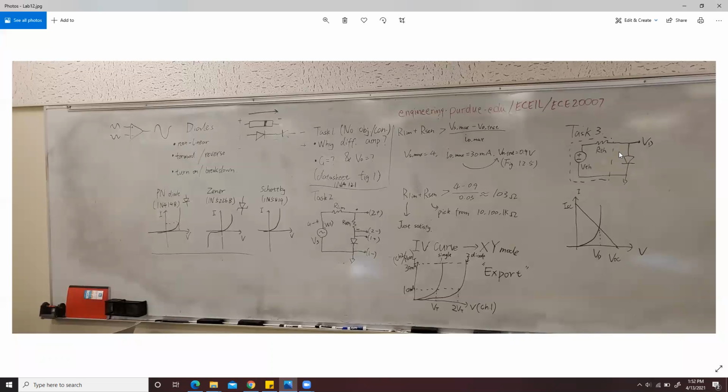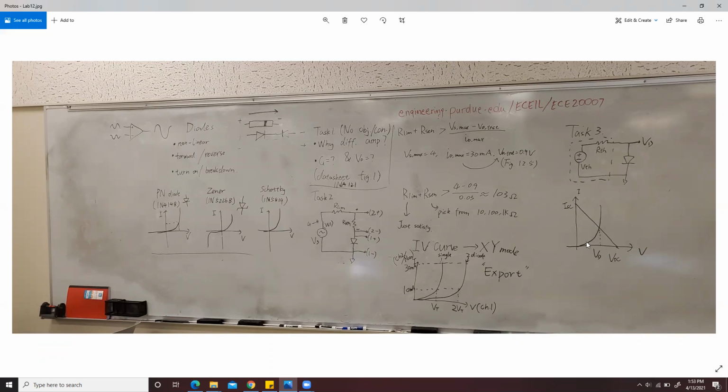When it is open here, what's the voltage in this circuit? So you find the VOC, and then you find the ISC, which is the short-circuit current. When you short here, what's the current across this circuit? So you find these two points, you connect these two points together. This line is the load line.